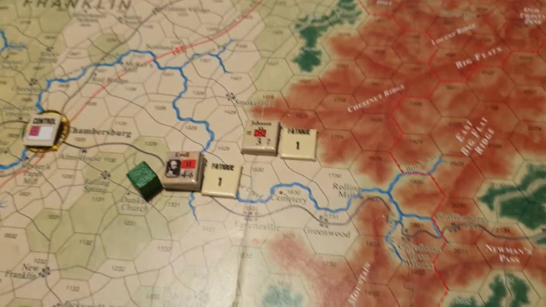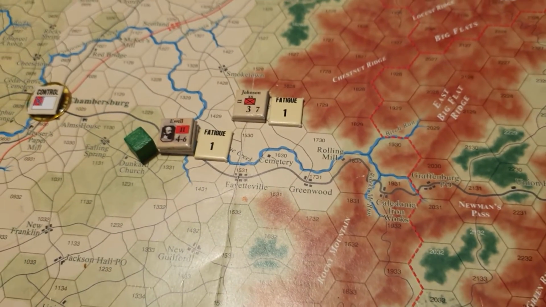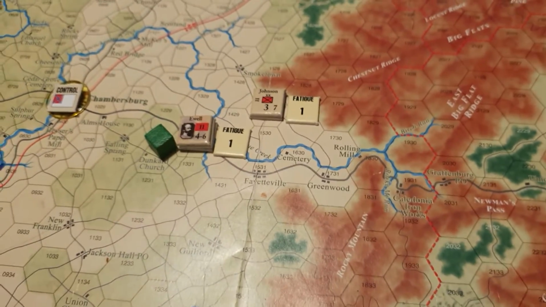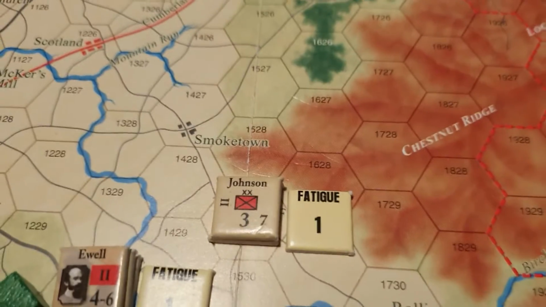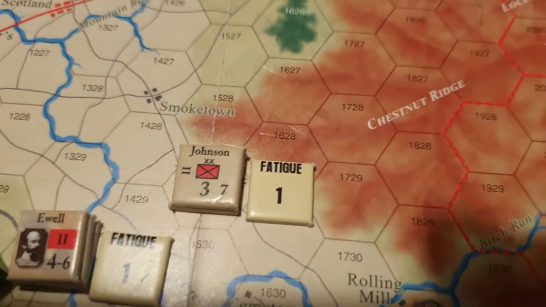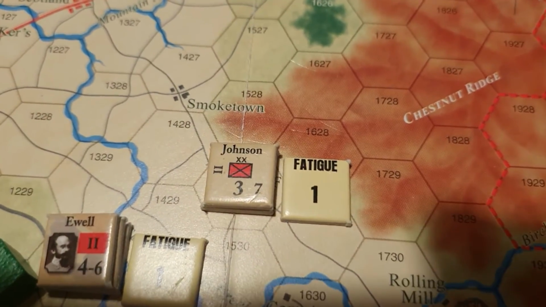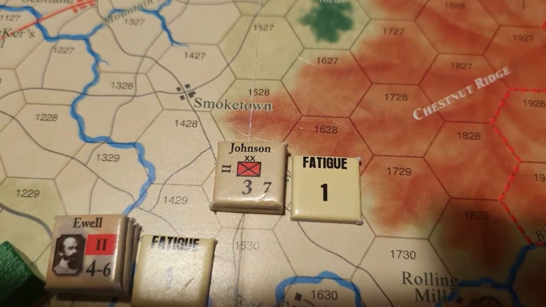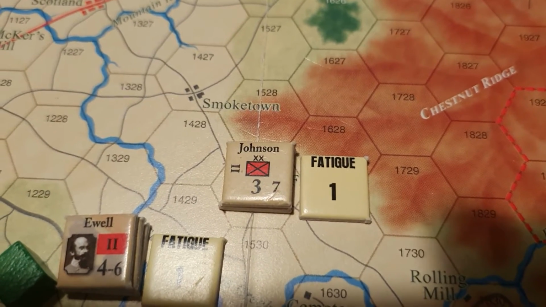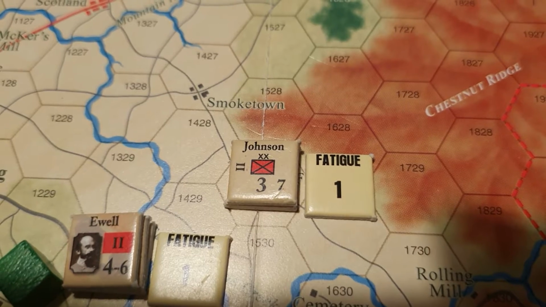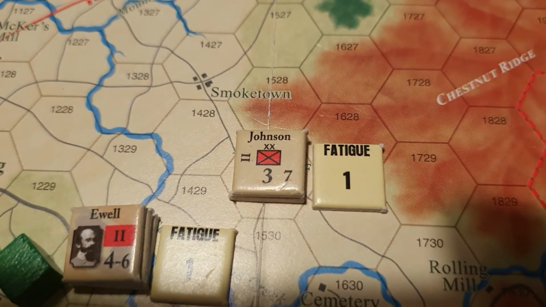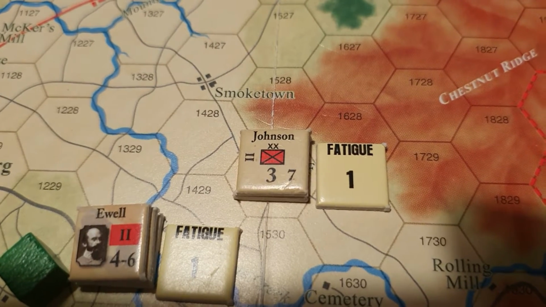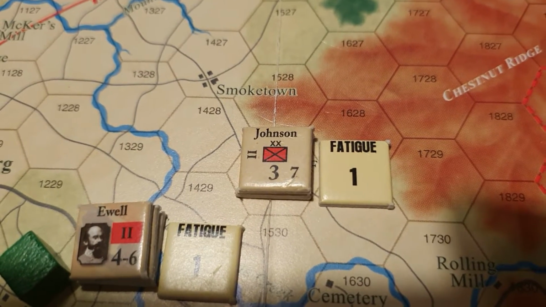Okay, so we need to make a movement of 4 for each of these unit stacks. Okay, units like Johnson here are what they call military units. I know I called it subordinate before, but I shouldn't have done, because there is a special unit type called a subordinate. Now, these two have two values on them.